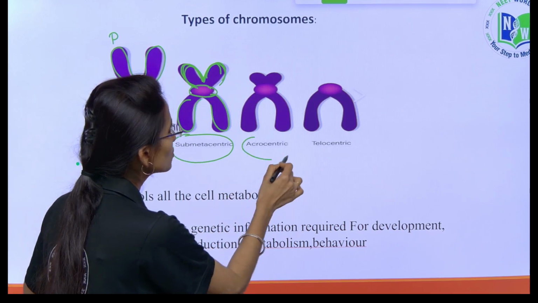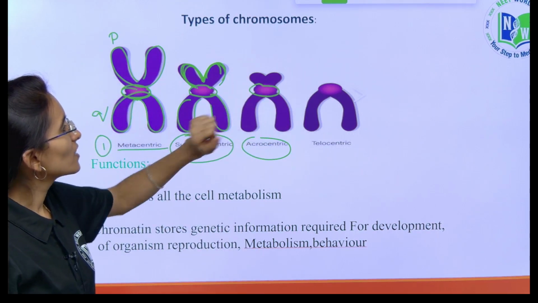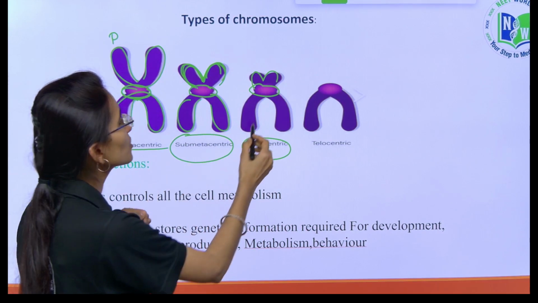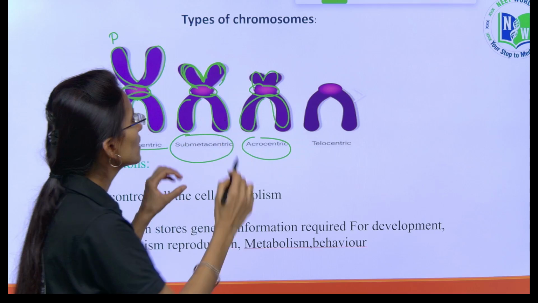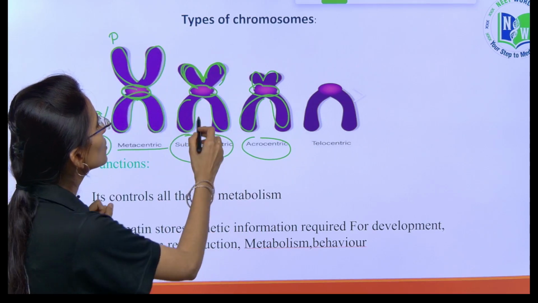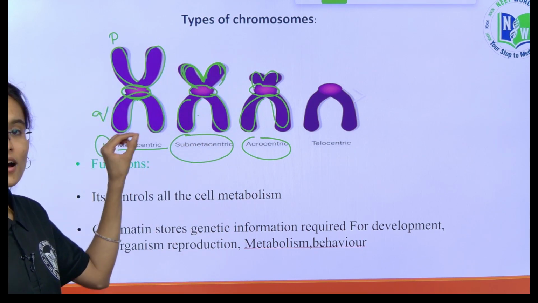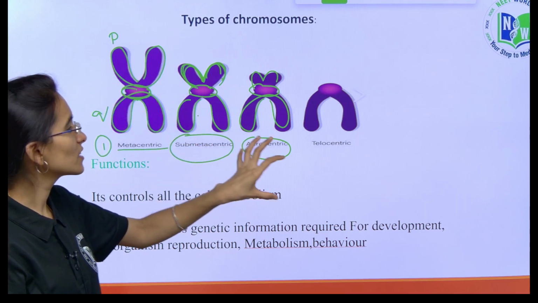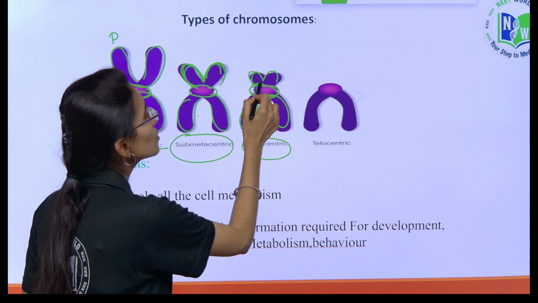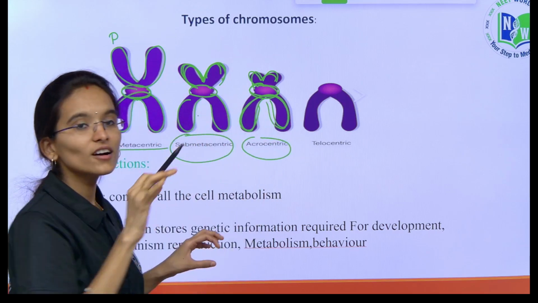Clear, children? When it comes to the acrocentric chromosome, the centromere is located here and we find 2 extremely small arms and 2 extremely long arms. In the submetacentric chromosome we have 2 long arms and 2 short arms, in the metacentric chromosome we have equal arms, but in the acrocentric chromosome we have 2 extremely small arms and 2 extremely long arms.